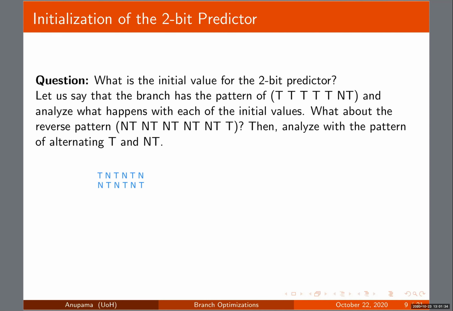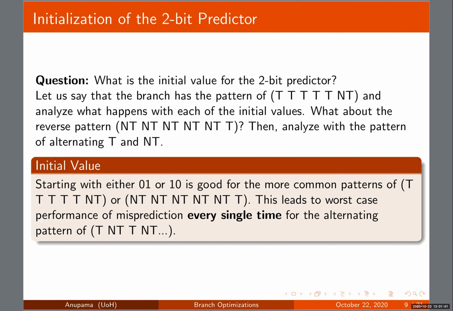So that is the lesson we need to take from here. And so starting with either 0, 1 or 1, 0 is good for the more common patterns of T, T, T, T, and finally NT, or an NT, NT and so on. But this leads to the worst case performance of misprediction every single time for the alternating pattern of T, NT, T, NT. Okay, this is what we need to understand about the initialization of the 2-bit predictor.